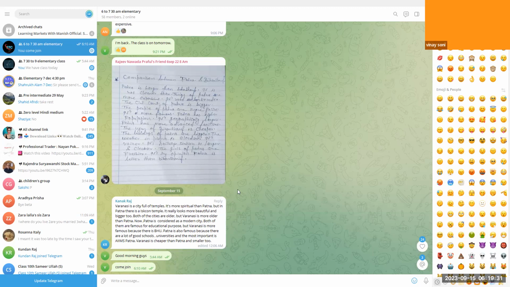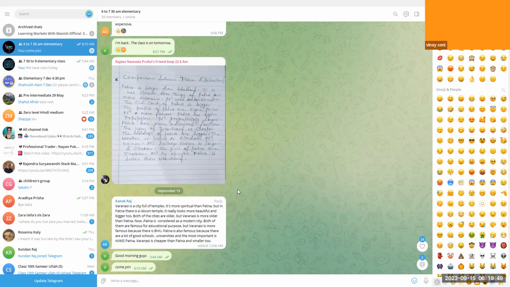Now, Patna is considered as a modern city. Both of them are famous for educational purpose. But Varanasi is more famous because there is BHU.